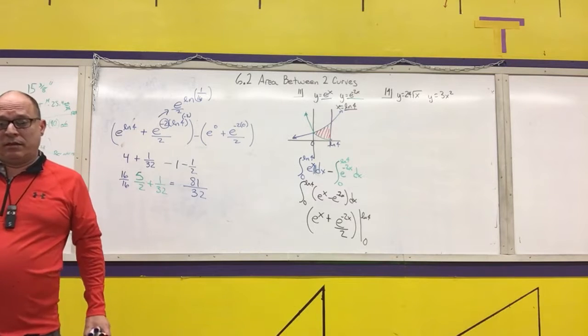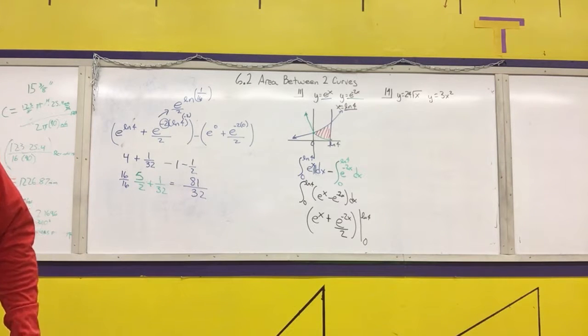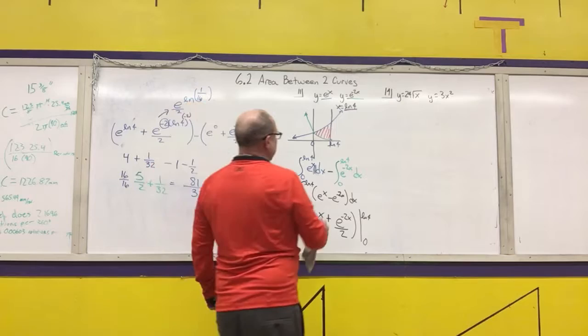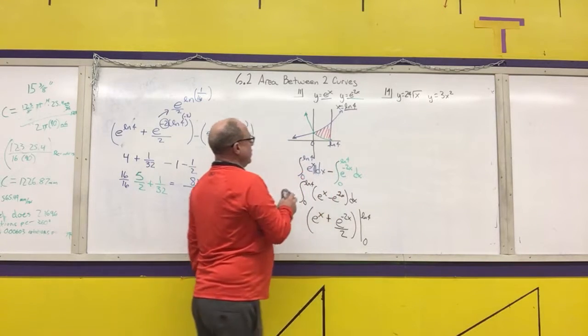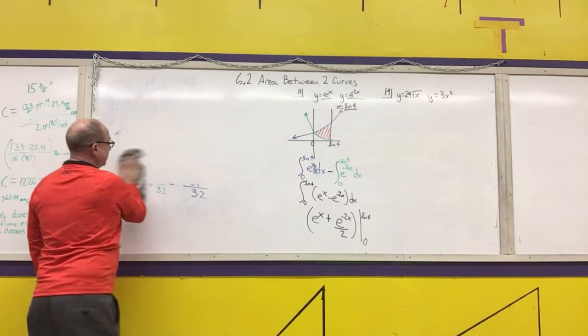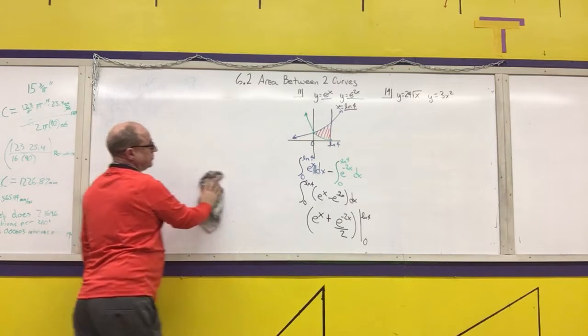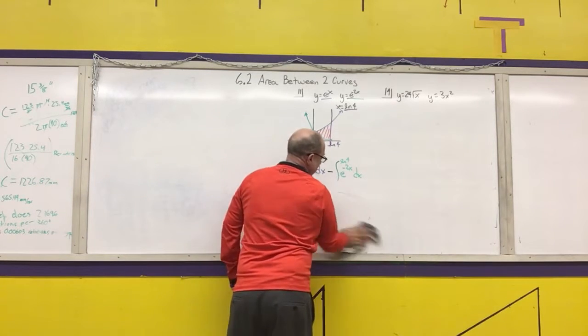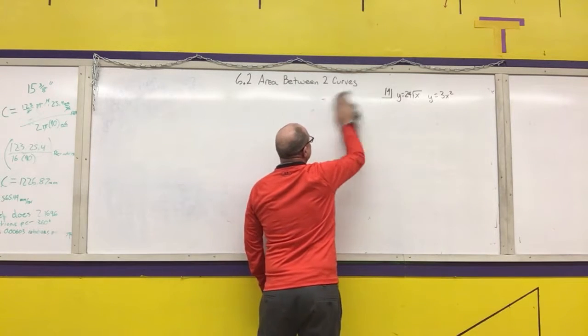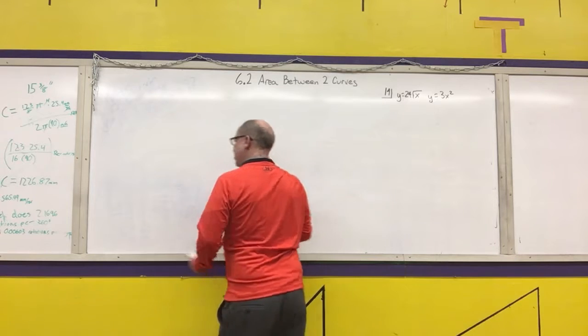So the last example that I'm going to do where things are related on the x-axis is problem 14, which is y equals 24 times the square root of x, y equals 3x squared. So again, first thing I want to do is roughly sketch those curves.